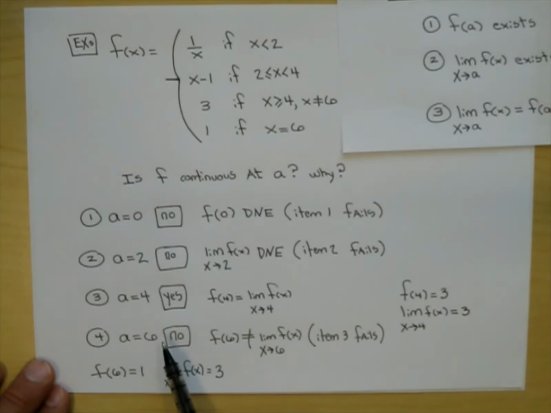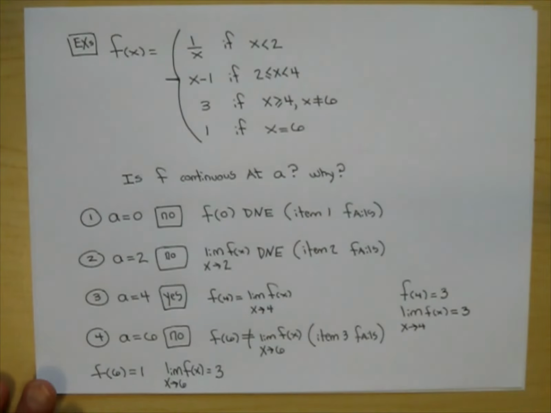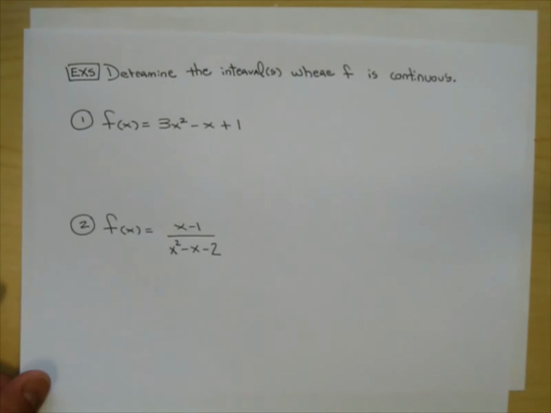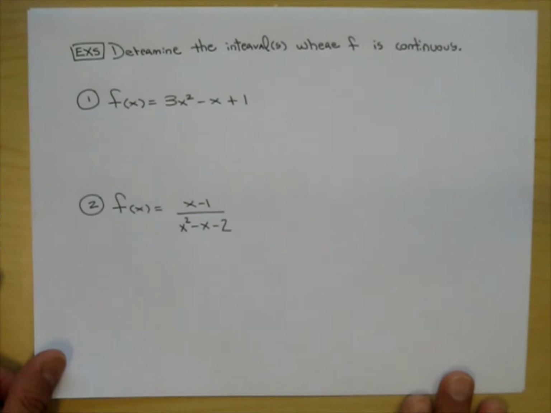Okay, so that takes care of this problem. I'm just doing problems that are similar to your homework problems. Now we're going to go ahead and determine the intervals where f is continuous. So that's what we're going to do now, or state the intervals of continuity.